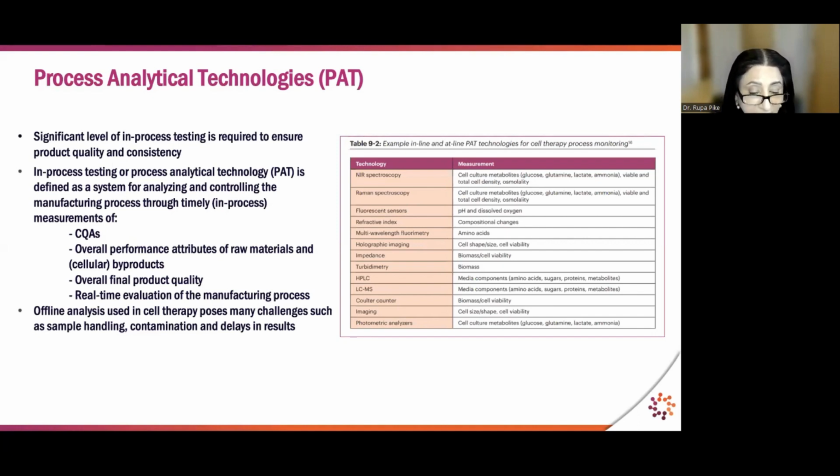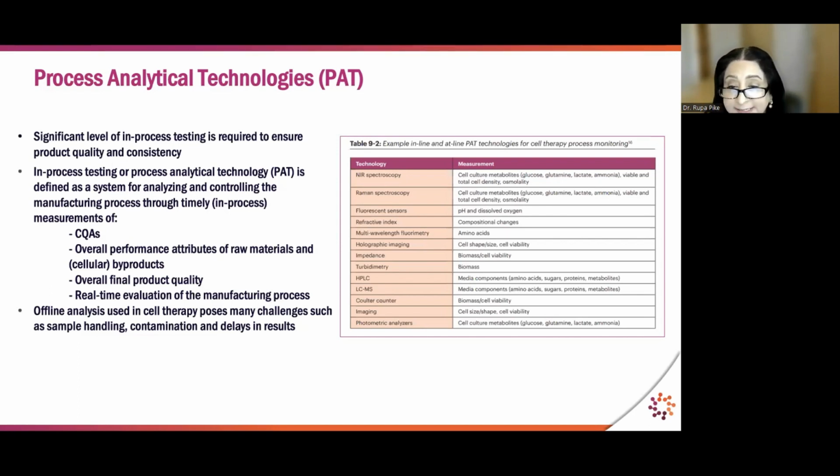For example, in a CAR-T workflow, in-process testing can evaluate and confirm cell isolation, cell activation, transduction efficiency, and expansion parameters. As these cells most of the times are in closed automated instruments, we need to understand if they're doing really what they're supposed to be doing. And that is the beauty of in-process testing.